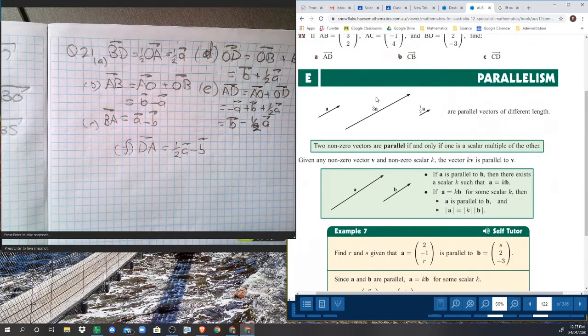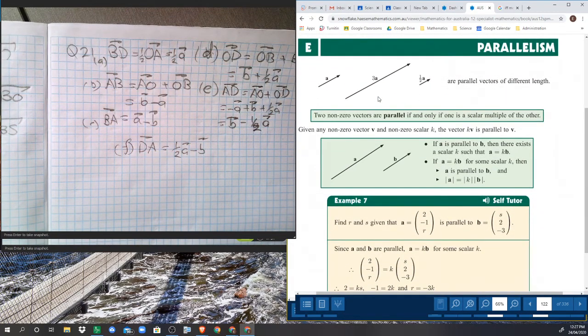Parallelism. Okay, this is the last one we're going to be covering. You can draw many vectors that are parallel. They point in the same direction and have different lengths.